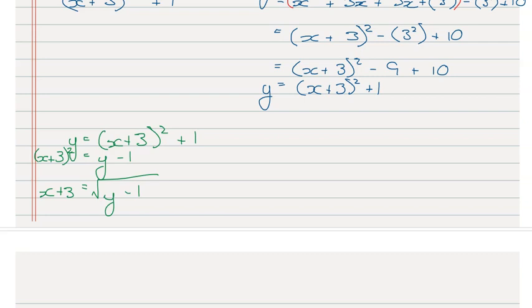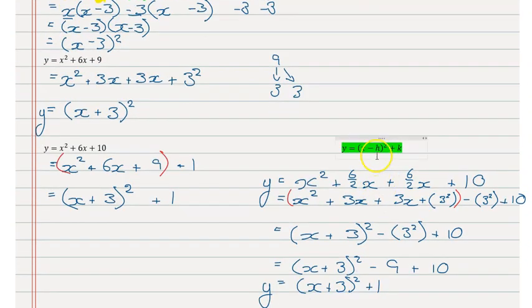Notice because I took the square root, it's going to be plus or minus, and then simply cleaning up this constant of 3 such that x becomes the subject. I'll take 3 from both sides, so that'll be x equals negative 3 plus or minus the square root of y minus 1. Awesome.